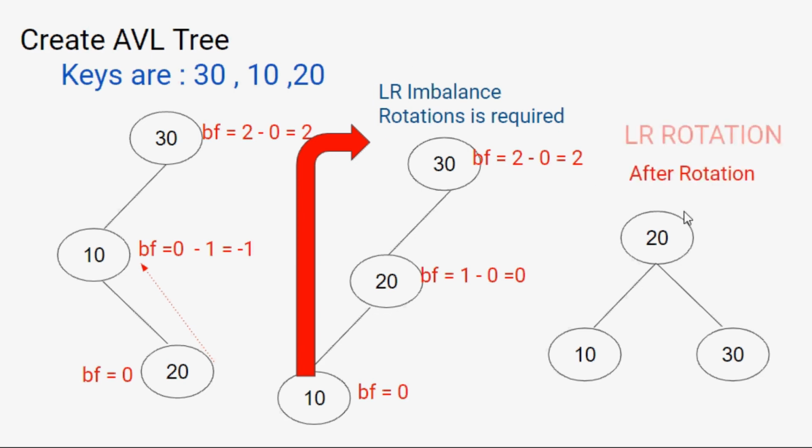Firstly, we push this 20 towards the left side, and here we are pulling that 30 to the right side. So this is LR, a two-step rotation. Similarly, we have RL, that is right left rotation, with one rotation being a left rotation. Those are similar.